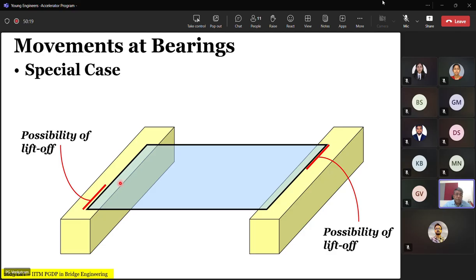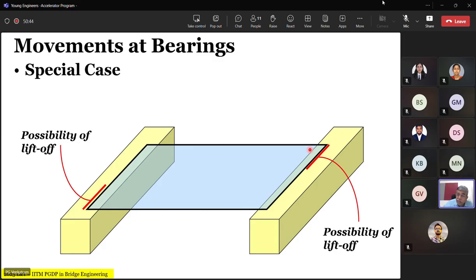Now the question comes, why does this happen? This happens from the behavior of the slab itself. When you place the load, it tends to travel by the shortest path, and in the transverse direction, it tends to occupy a deflected shape like that. So both these corners tend to have the possibility of liftoff.